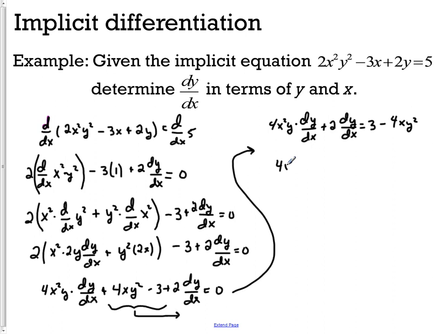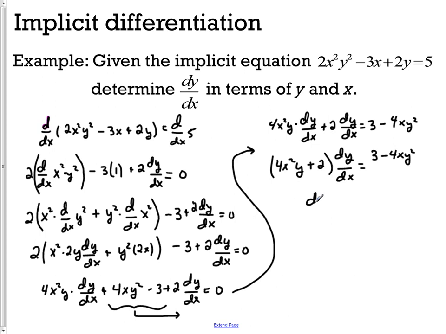So taking 4x squared y plus 2, and by the distributive property, factoring out dy dx, that will be set equal to 3 minus 4xy squared.